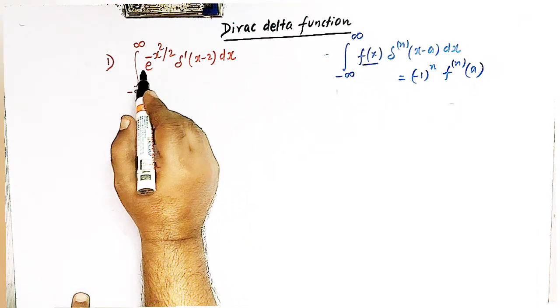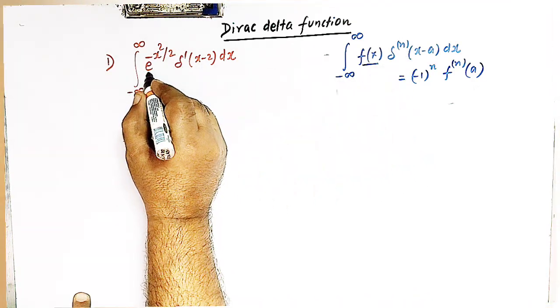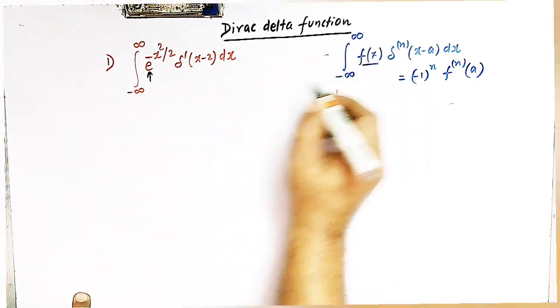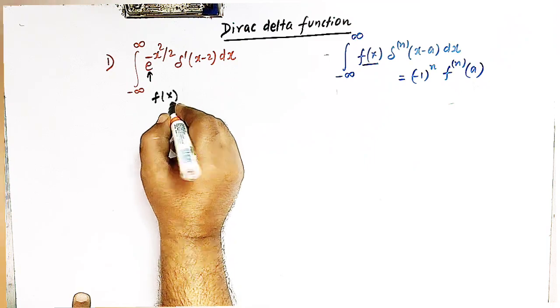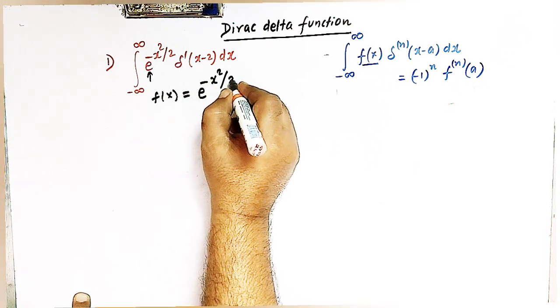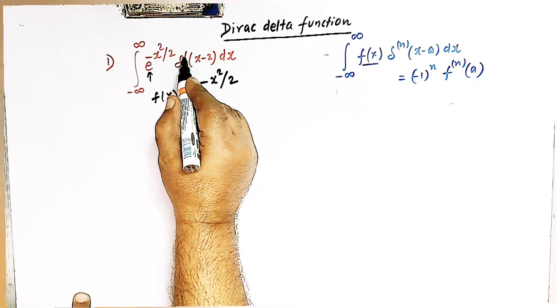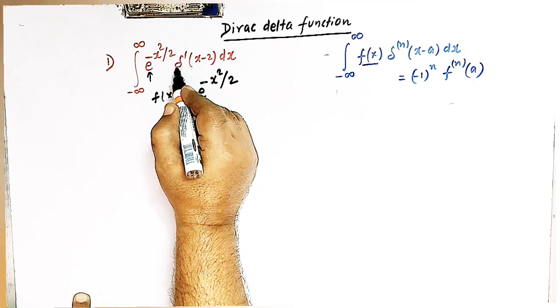So now let us compare this integral with this one. We can see that our function f of x is given by e raised to minus x square over 2. And here we have delta prime, it means we have the first derivative of the delta function.